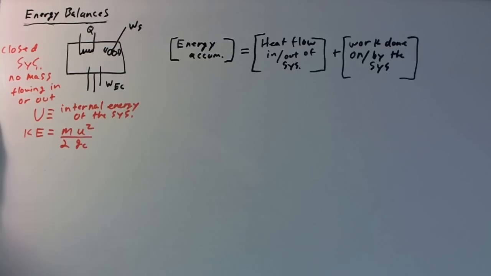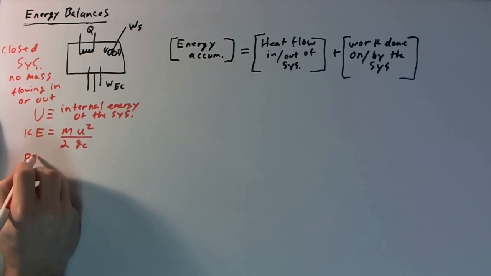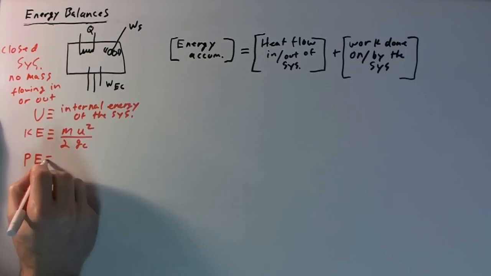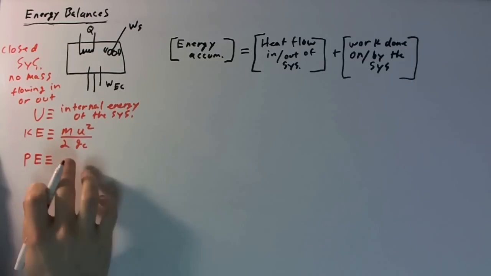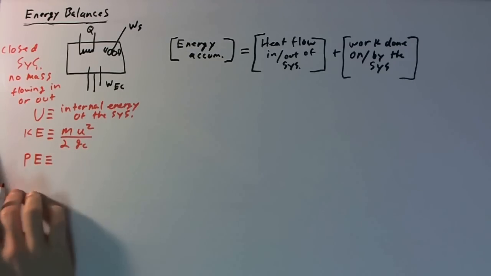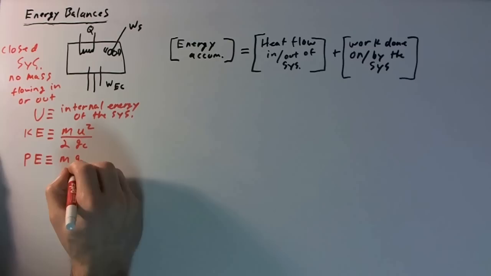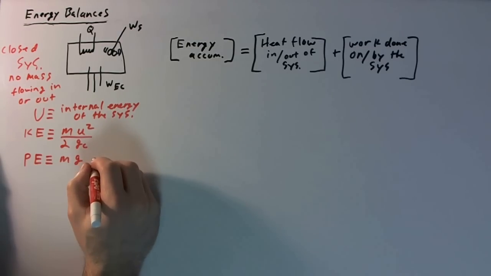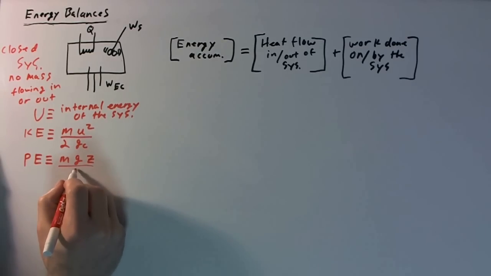Then I'm also going to define the potential energy as, well, normally it's just mgh, but in this case, we're going to say it's mass times gravity times z instead of h, divided by the gravitational constant.